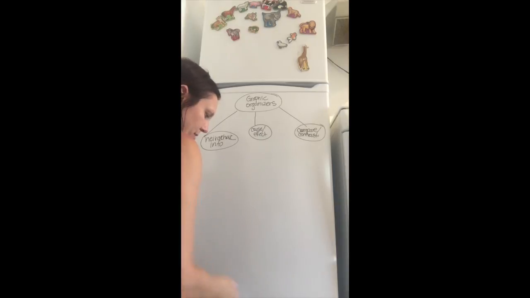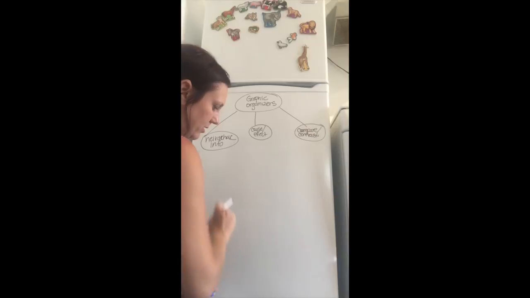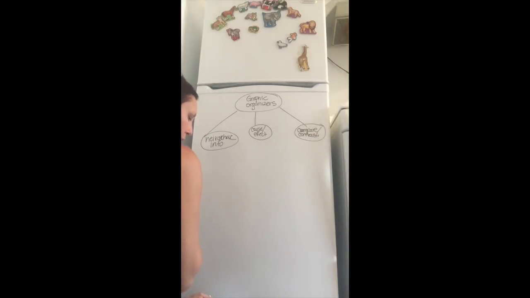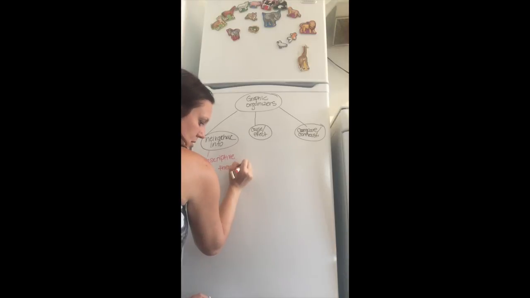Off of those branches, I'm going to put in the different types of organizers based on what their most useful purpose is. Hierarchical information is really good for descriptive, thematic organizers, also network tree, which we're doing right now.